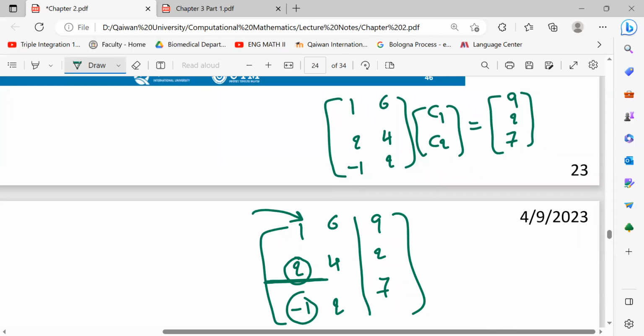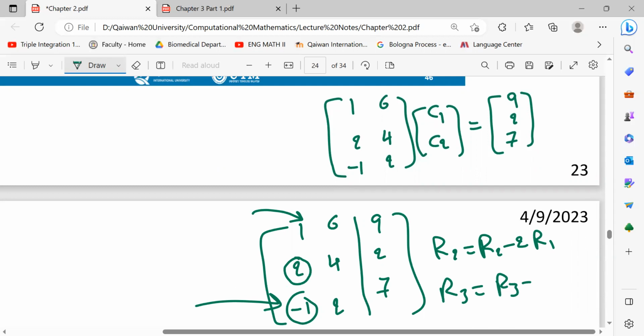How to make this 0? We multiply by negative 2 and add to row 2. We say row 2 is row 2 minus 2 row 1. We get 0 there. And for this one, we say row 3 is row 3 plus row 1. If you add this to negative 1, you get 0. That's it.